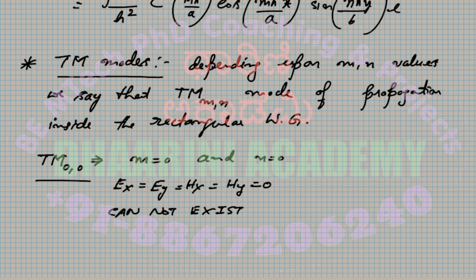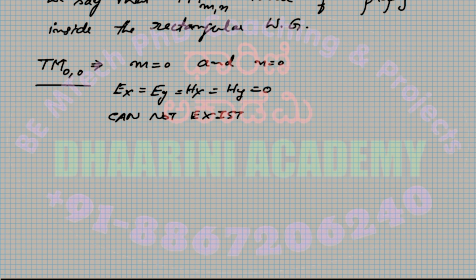So maybe a short question if I want to ask, I can definitely ask whether in a rectangular waveguide I can have TM maybe 1, 0. I can simply ask like that. Now you verify whether you can have the TM 0, 1. M is equal to 0, n equal to 1.